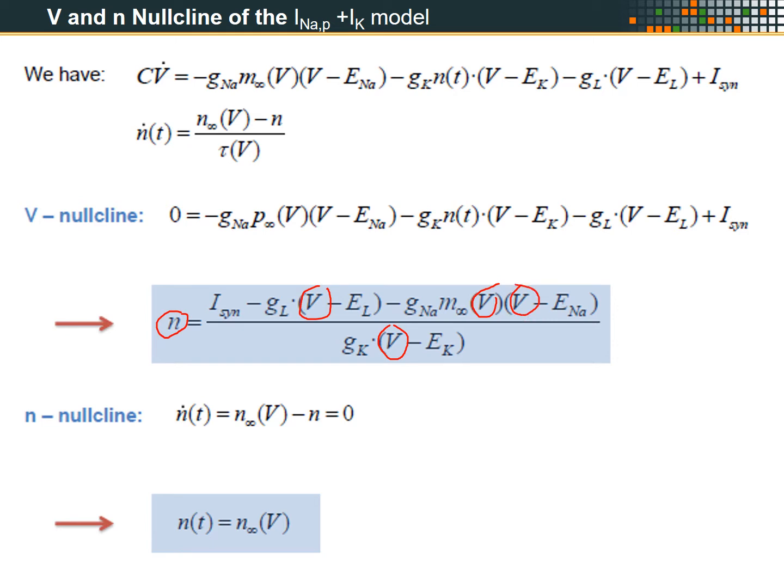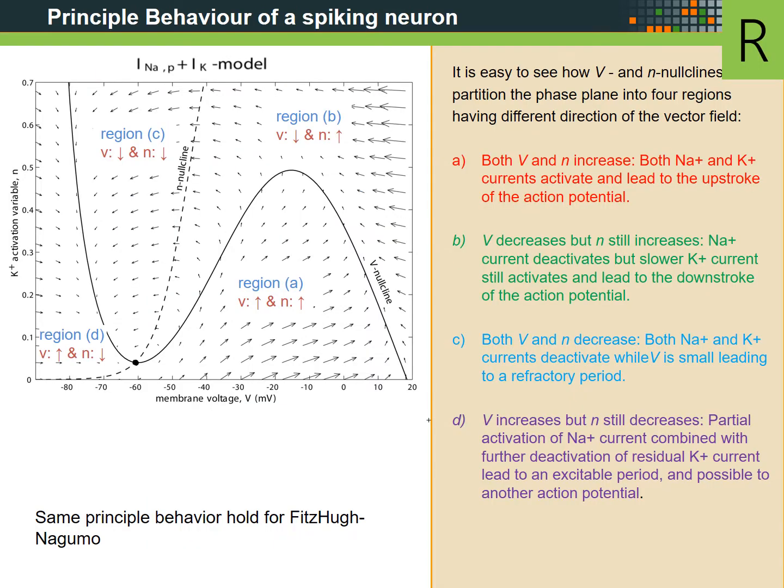And this not only for n, but also for the V nullcline. These two nullclines that we computed analytically gave us two shapes, which tailored the entire phase space into four different parts. In each of these four parts, we had uniform behavior: for region A, both the voltage and the n are increasing, which corresponds to the upstroke.